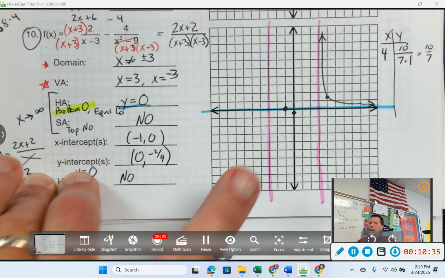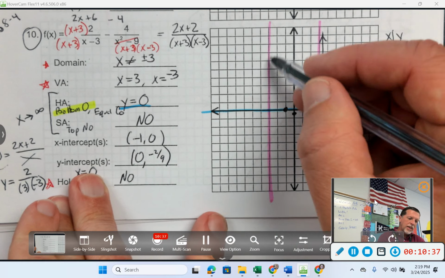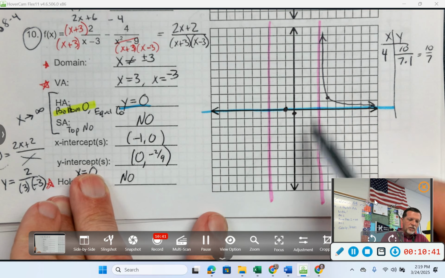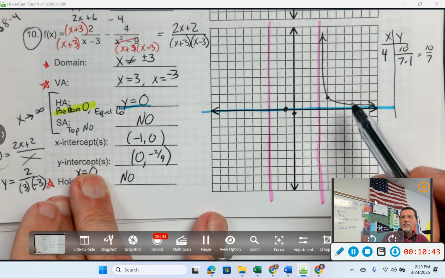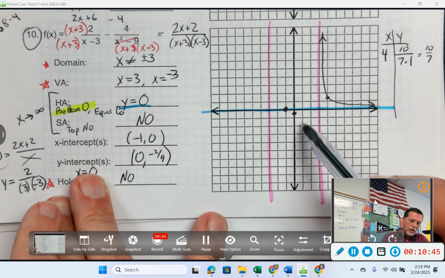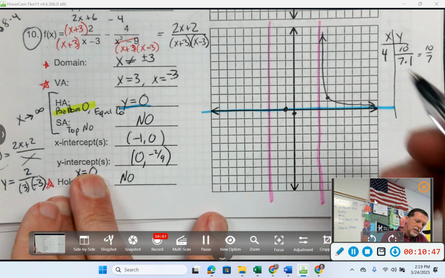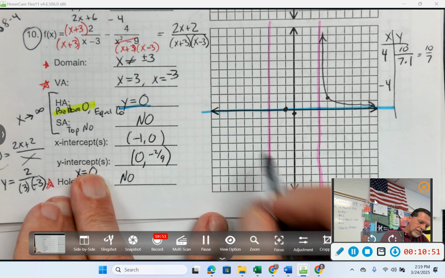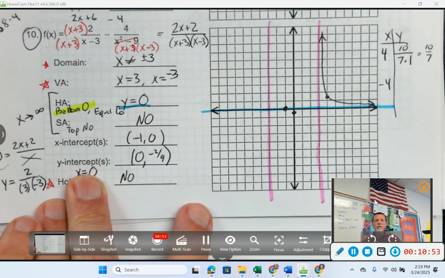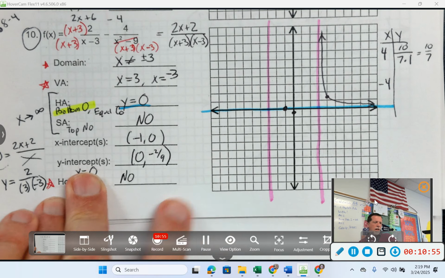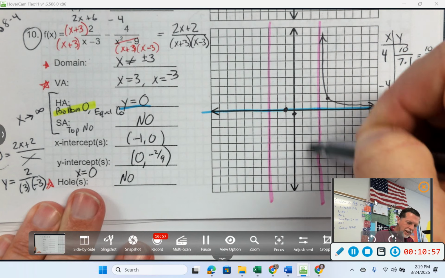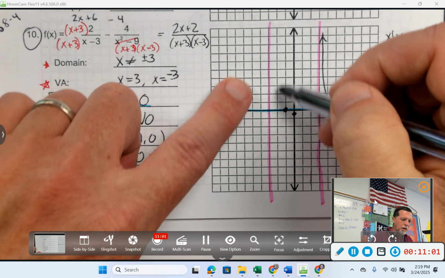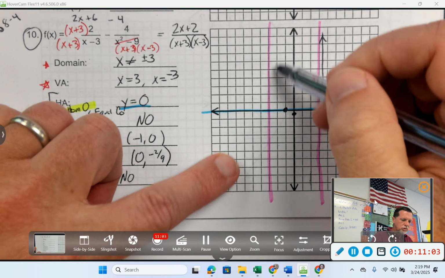And I would say that helps confirm what I think is going on in the middle, right? Because these things usually change directions across the vertical asymptote. So it's going up on this side, it's probably going down on this side. Let's try -4. See if that sort of fits the pattern for what we think is going on. If the middle does look like this, then where do we think the left-hand branch is, above or below? I think below.